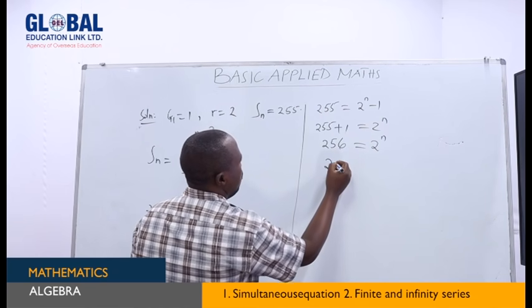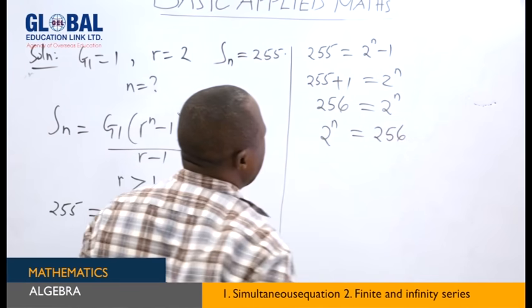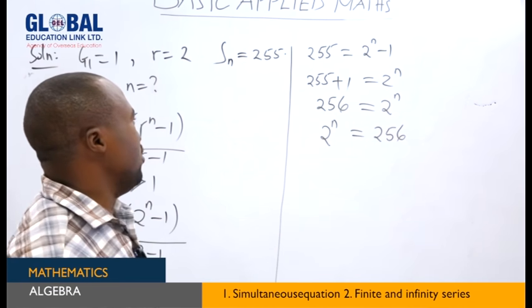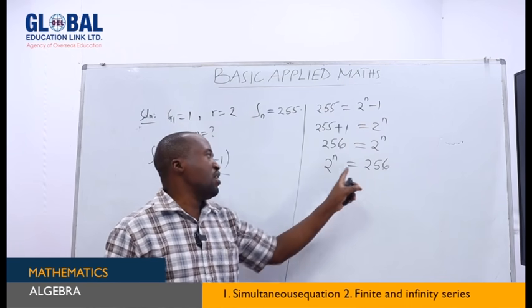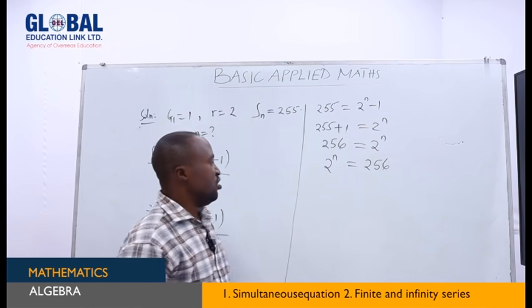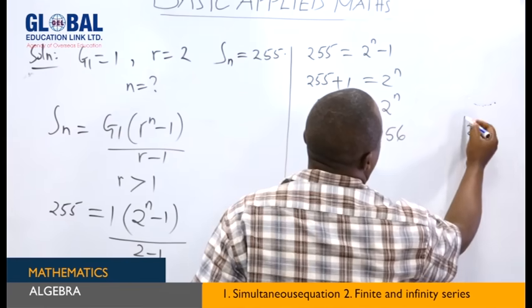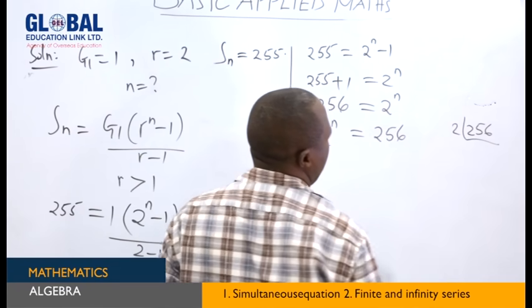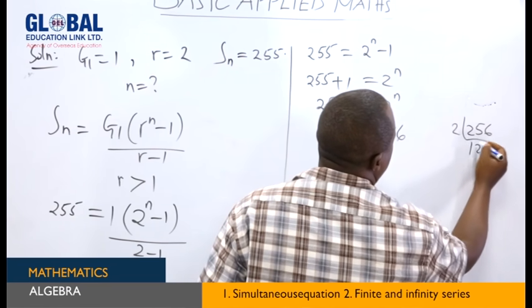Or say 2 raised to N is equal to 256. Now, here the base is 2. You can try to simplify this number by using base 2. Remember, we have 256 divided by 2, of course it is 128.